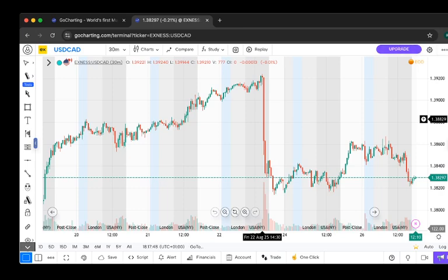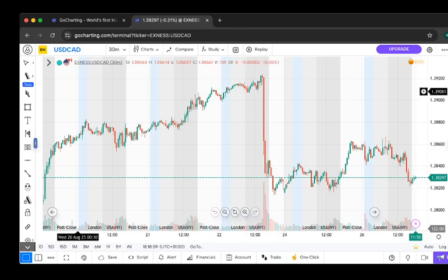The longer price stays in that range, the more likely orders are being stacked up there. If you look here, price has been ranging around here, giving us little candles, so we can say this is our supply zone.